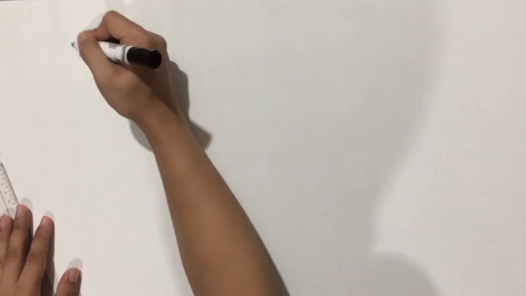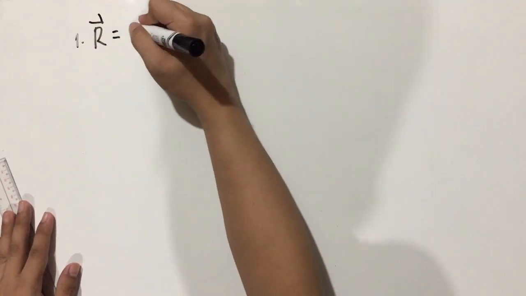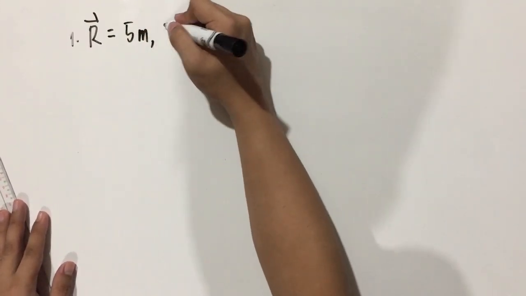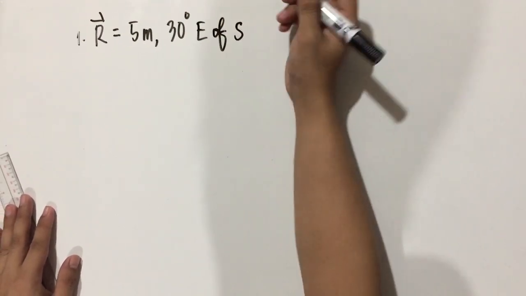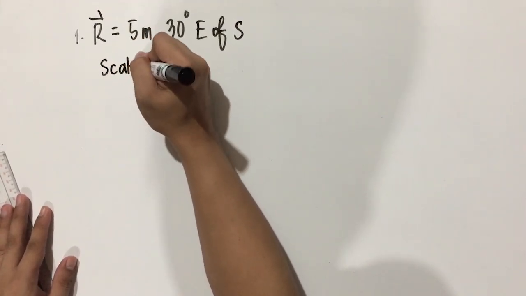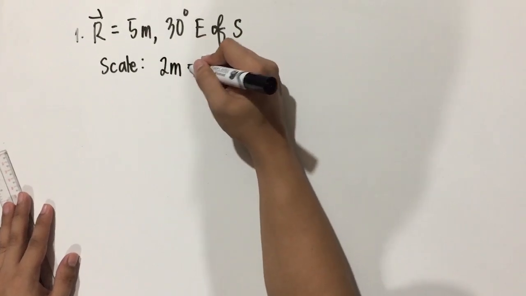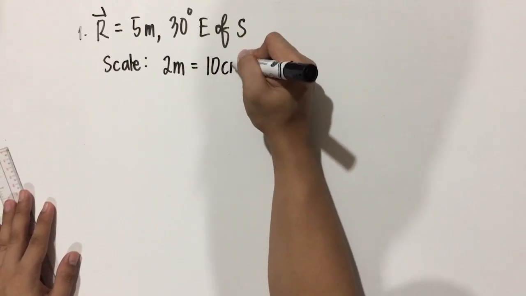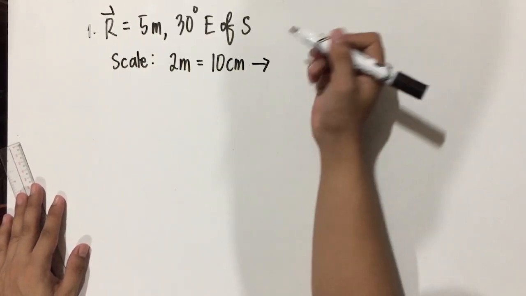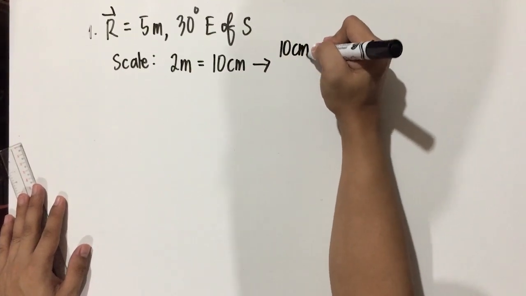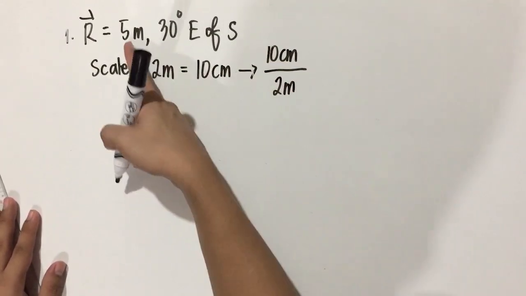Okay, let's have example number one for the parallelogram method. The resultant vector is 5 meters. Direction is 30 degrees east of south. Now the scale is 2 meters is equal to 10 centimeters. So that's the scale that we have to apply for us to convert 5 meters to centimeters. Using dimensional analysis, you can definitely go ahead and do the conversion.